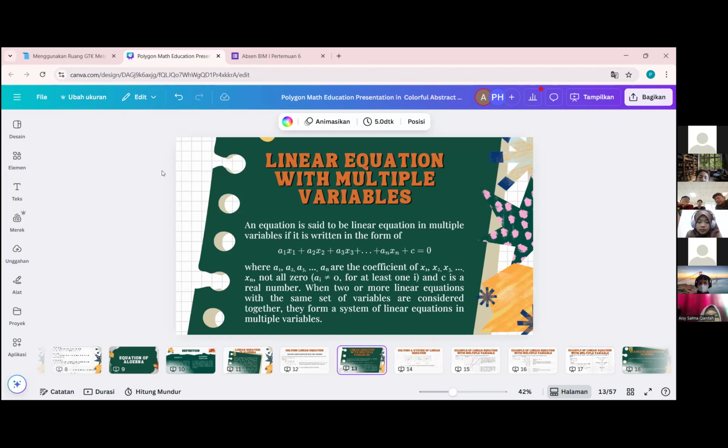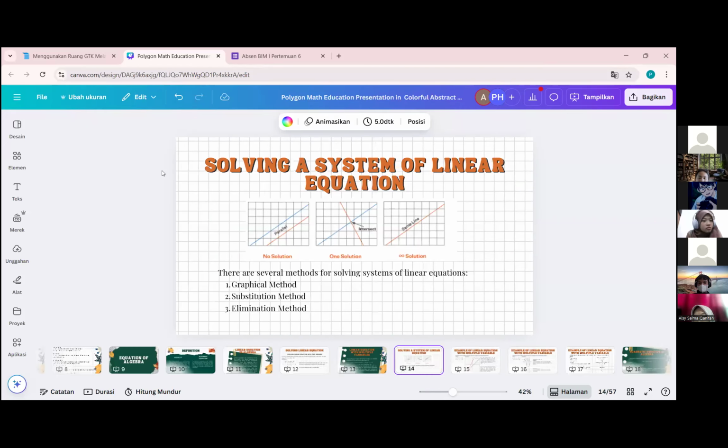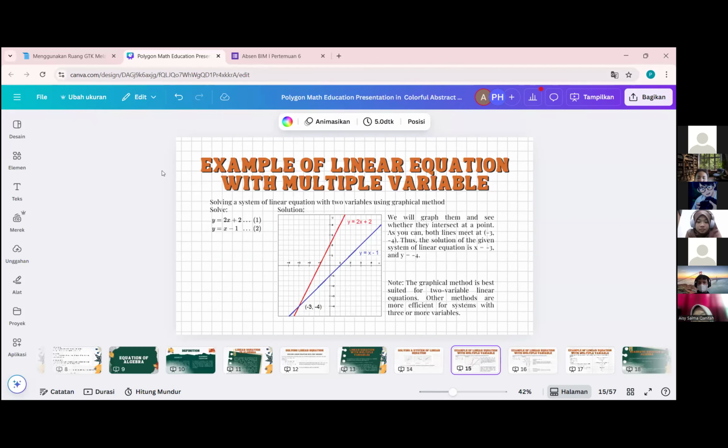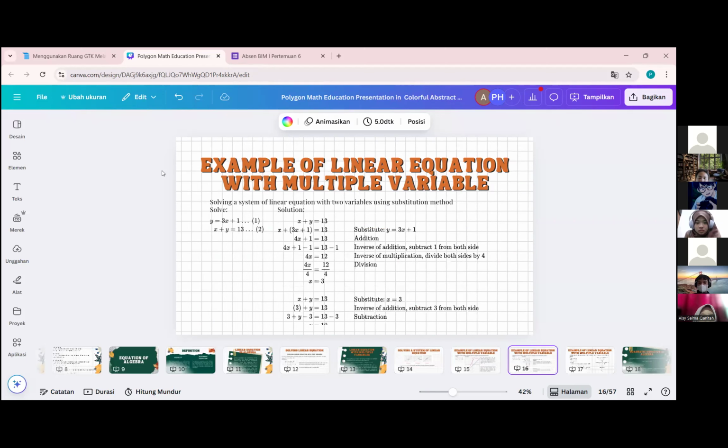Di slide 16 ya kalau tidak salah. Iya, di sini kurang di divisionnya, tambahkan commutative dan inverse perkalian, inverse of multiplication. Gitu ya.